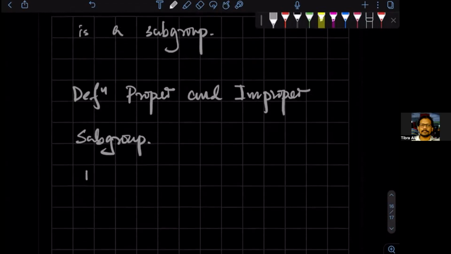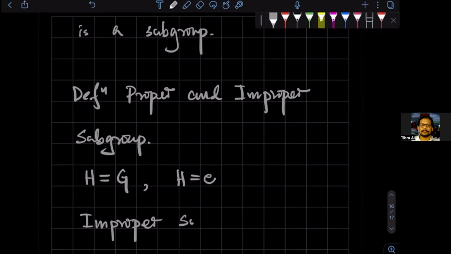Suppose the whole group G itself is a subgroup, trivially, and the identity element itself is also a subgroup trivially, so these are not interesting, and they're called improper subgroups.